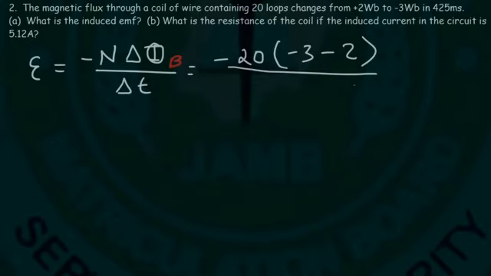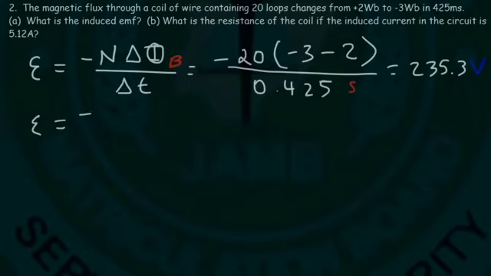Now we need to convert milliseconds to seconds, and we could divide it by 1,000. 425 milliseconds is 0.425 seconds. -3 minus 2 is -5. -20 times -5 is +100. And if we divide that by 0.425, the induced EMF is equal to 235.3 volts.